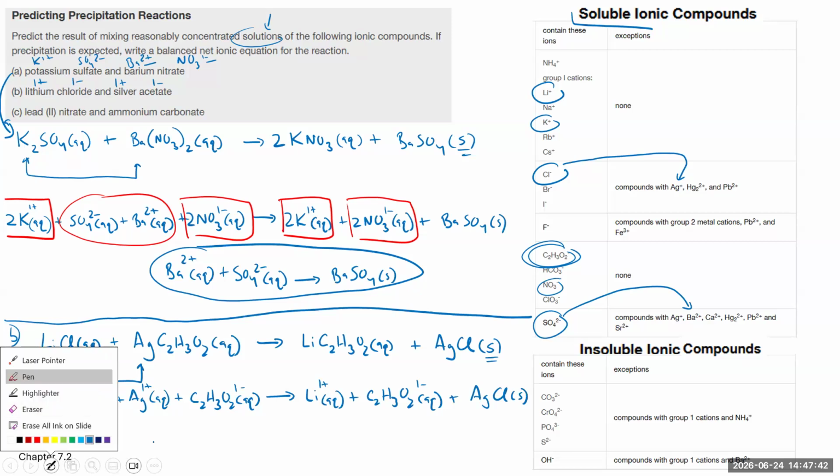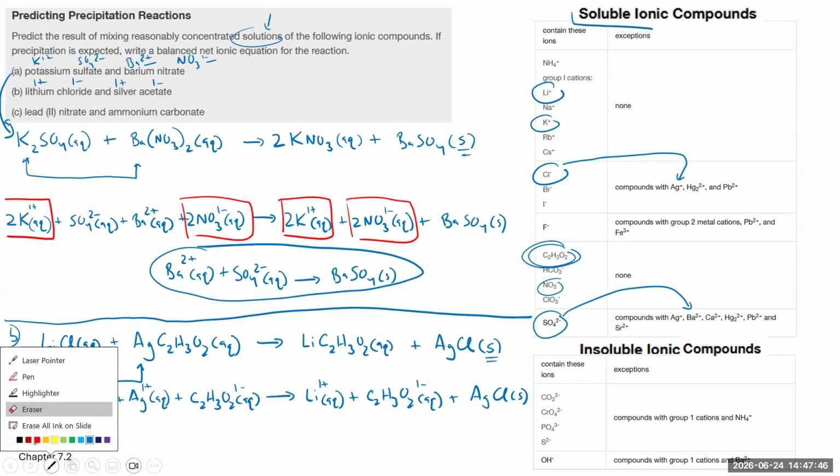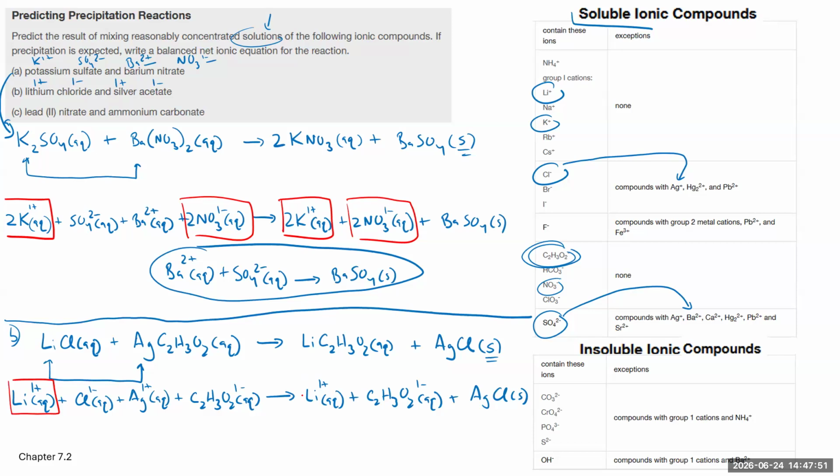All right, let me erase this just so we can see what we can cancel. We're going to box up the stuff that's the same on both sides. So lithium and acetate. We're going to leave those out because those are the spectator ions.